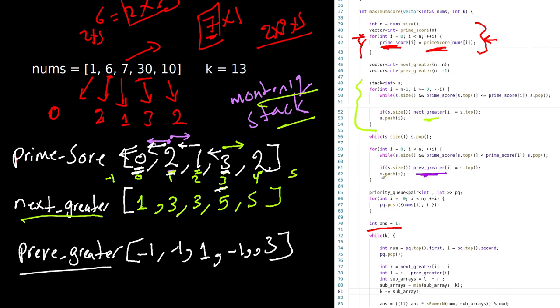And notice here we have less than or equal, and here we have less than, because for the next greater element we need to stop at the first element that is greater than the current value, while in the previous greater we need to stop at the element that's greater or equal.